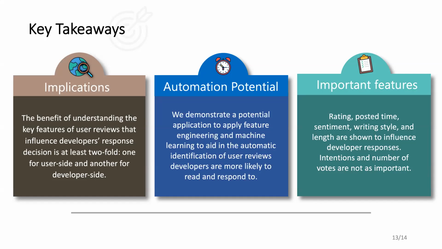Therefore, it is possible to create tools that can automatically identify reviews developers are more likely to read and to respond to. And lastly, we have shown that rating, posted time, sentiment, user writing style, and review length can influence developer responses, whereas intentions and the number of votes the review has do not influence the decision.